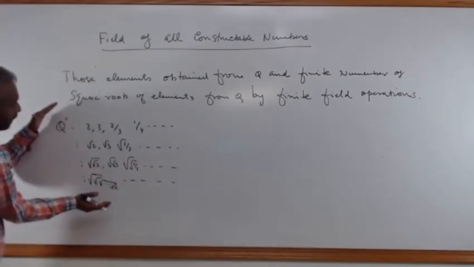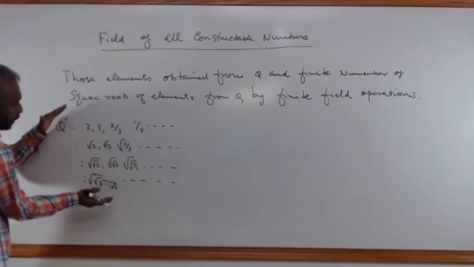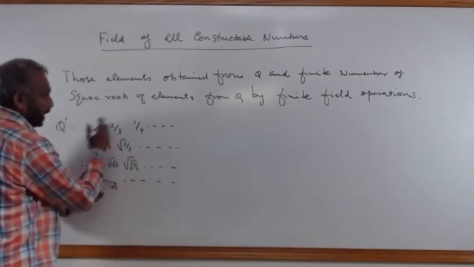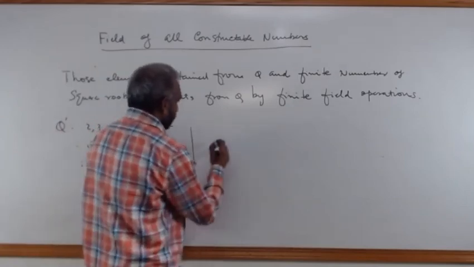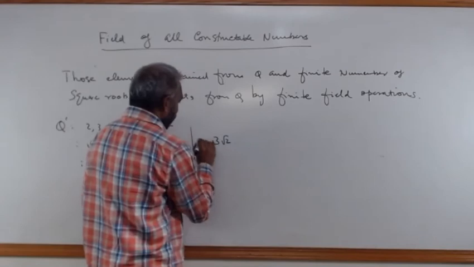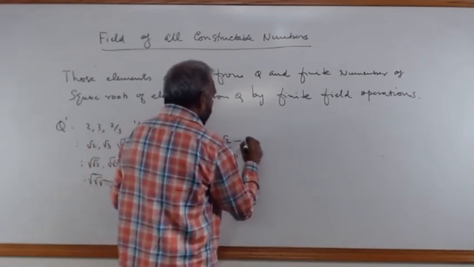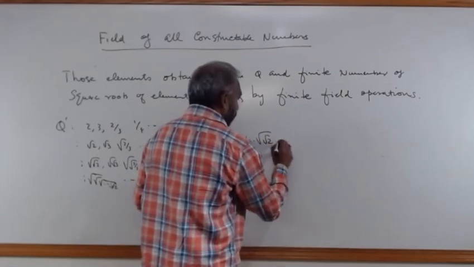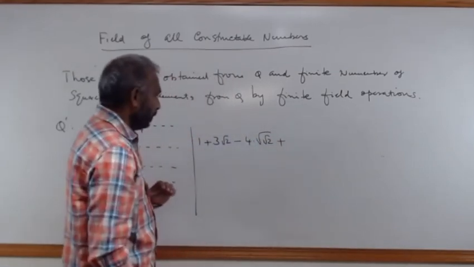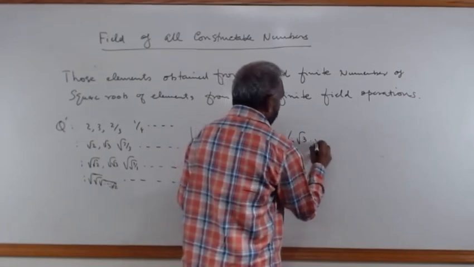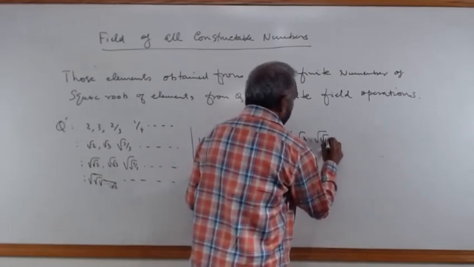And the numbers obtained by finite field operations of these collections, like 3 root 2, 1 plus 3 root 2 minus 4 times root of root 2 plus 6 root 3 times root of 7.